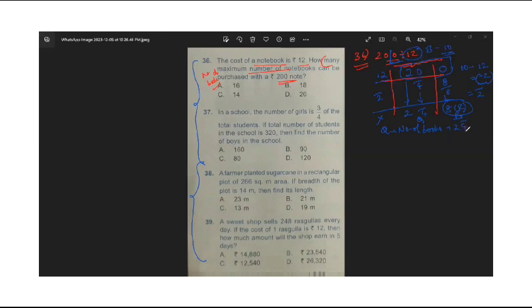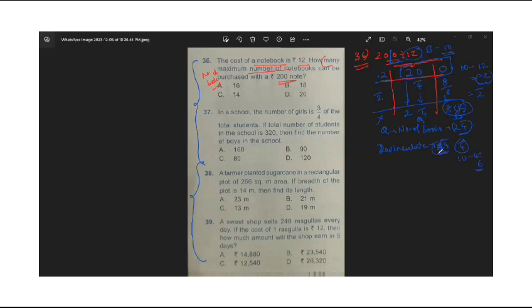You might be wondering, what is this process? What is this 2 4 bar? There is a vinculum in your Vedic mathematics. When you remove the vinculum from 2 4 bar, what will you get? You have to subtract this 4 from 10, so you'll get 6.